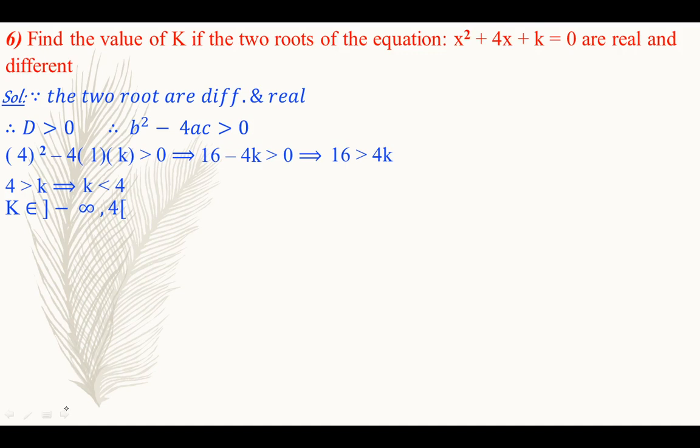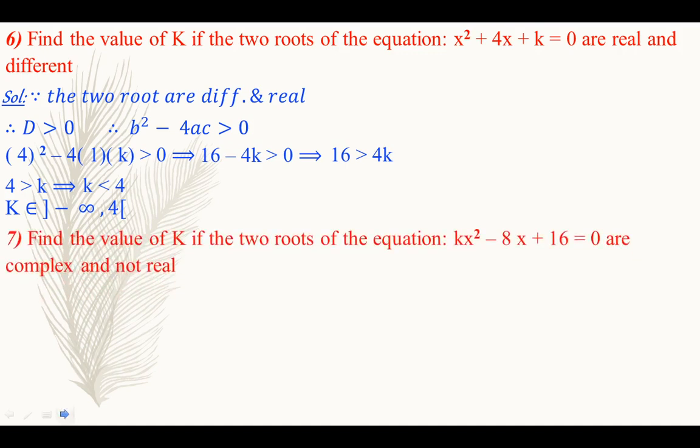Okay? Let's take another example. Find the value of k if the two roots of the equation kx power of 2 minus 8x plus 16 equals 0 are complex and not real. Okay? The two roots of the equation are complex and not real.